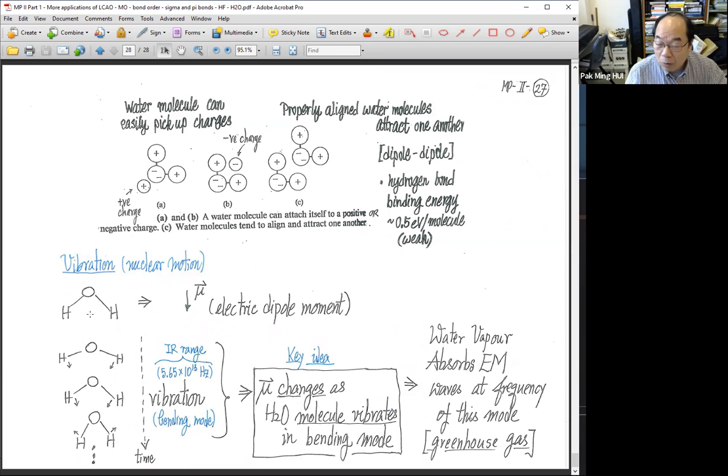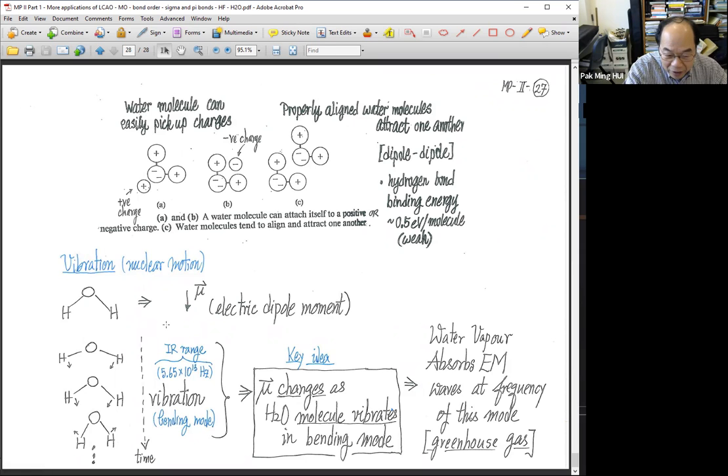Then you can calculate what the normal modes are. One of the normal modes corresponds to this vibration. So as a function of time, it goes down, bends down, the O goes up and then comes down again. So it's like what I try to depict here.